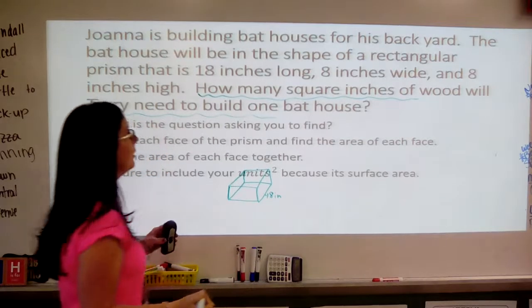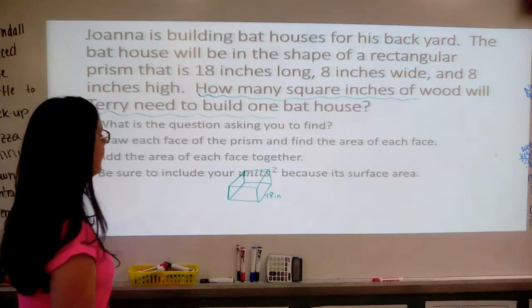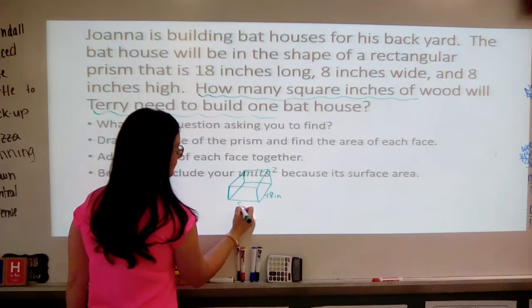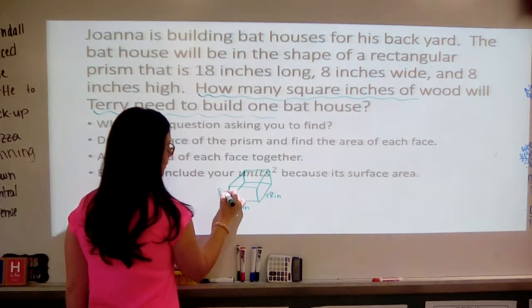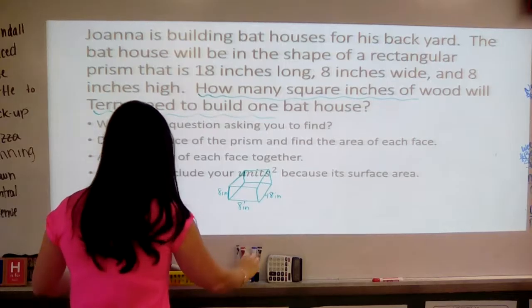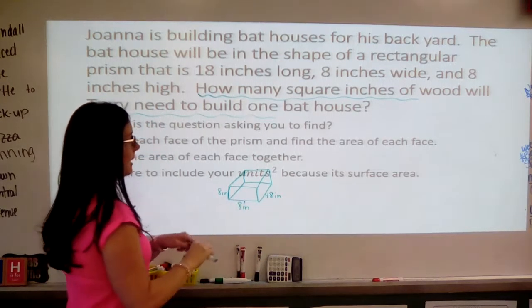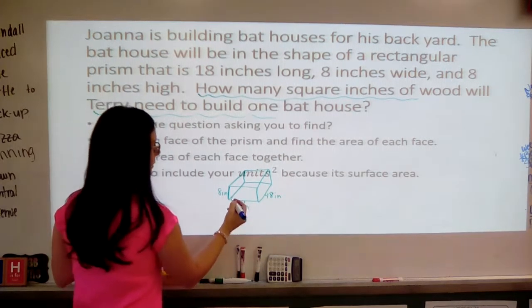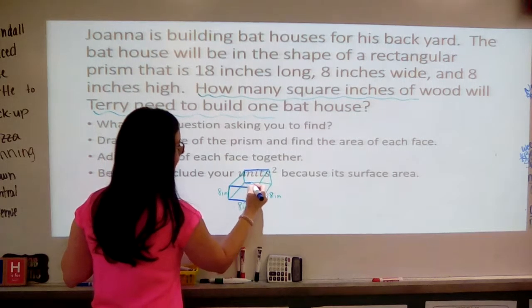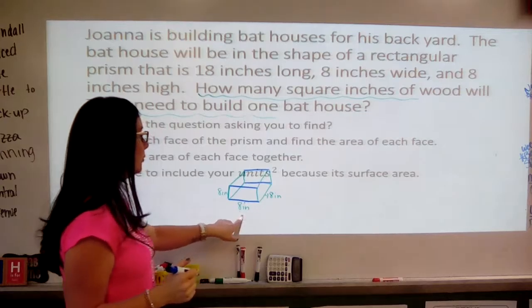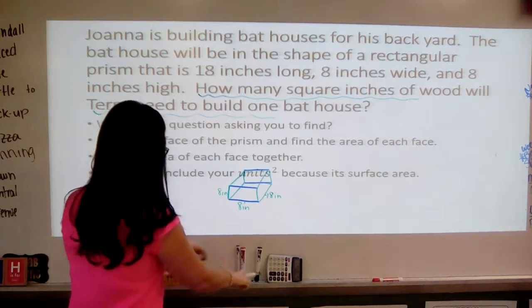So that's going to be here. And then I have 8 inches wide and 8 inches high. I'm going to label these three. I want to make sure you understand each of the dimensions. The sides that are going right to left, the ones I'm making blue here, all of those blue ones are going to be 8 inches.